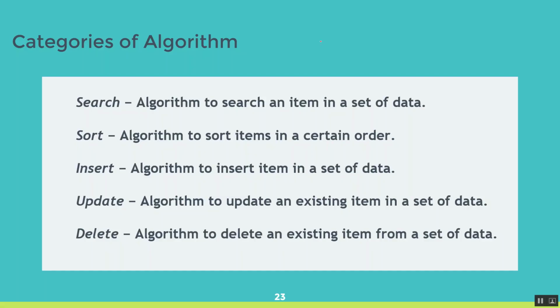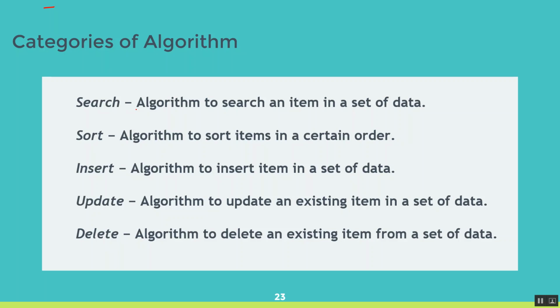Actually, we have different categories of algorithms: searching algorithms, sorting algorithms, insert algorithms, update algorithms, and delete algorithms. For now, we will just look at the search algorithms. Search algorithms are algorithms to search for an item in a set of data.